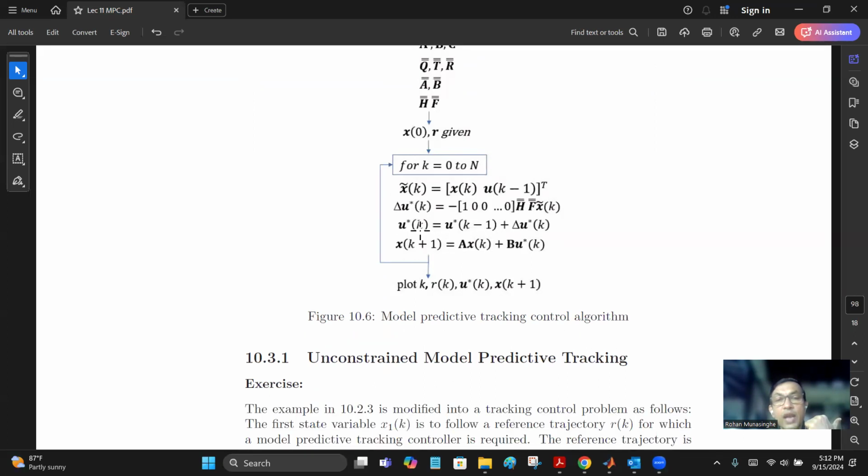Then you calculate the actual control signal by adding delta u star to the previous control signal, that is u star k minus 1, and you apply that to the plant and update the state, and you get going.